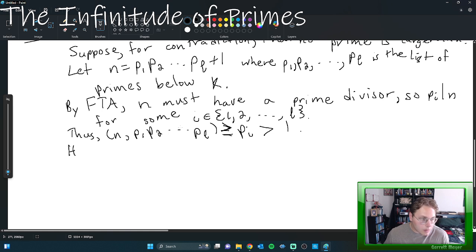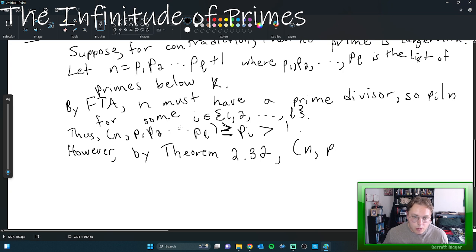However, by theorem 2.32, n is 1 larger than this product of all the primes. So the GCD of n and p1, p2, dot dot dot, pl equals 1.